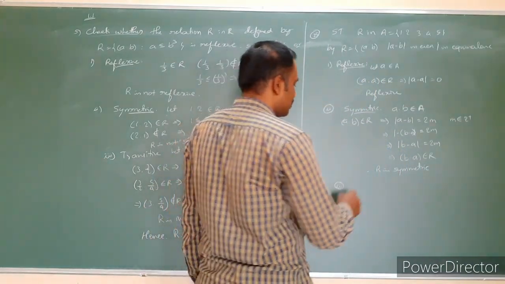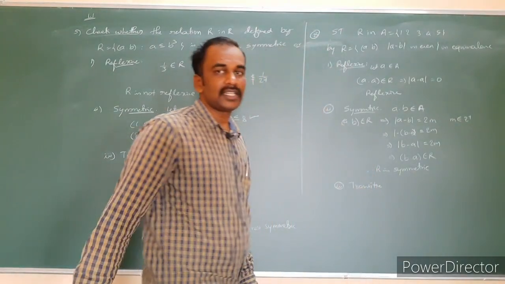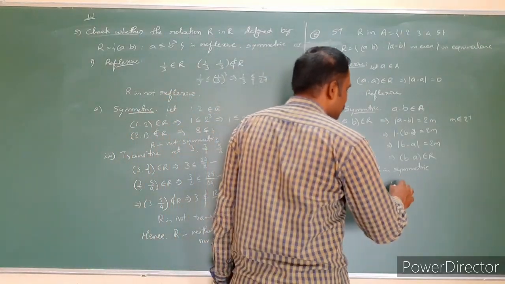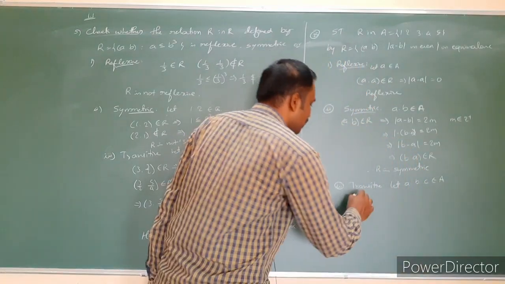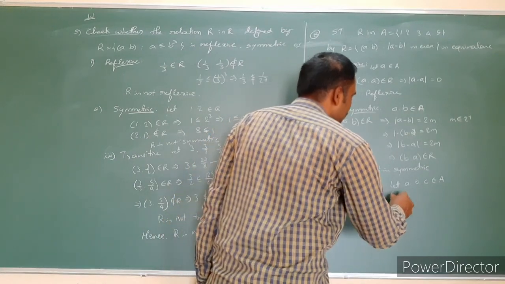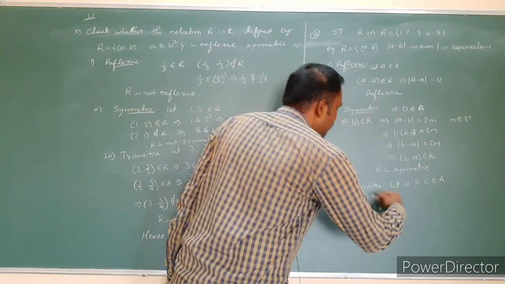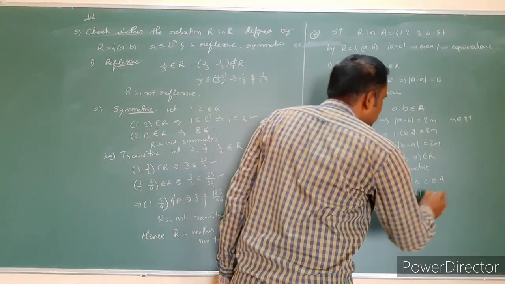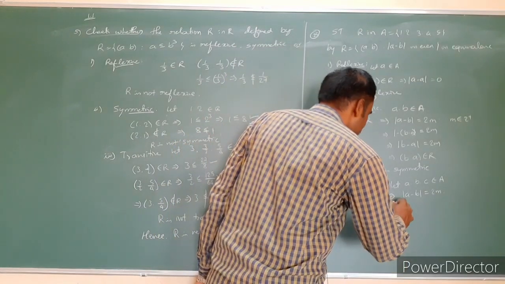Now, the third case. What is the third case? Transitive. Transitive means choose three elements a, b, c belonging to the set A. If the ordered pair (a, b) belongs to the relation R and (b, c) belongs to the relation R, then (a, b) belonging to R means |a - b| is an even number, which I write as 2m, where m is any positive integer.